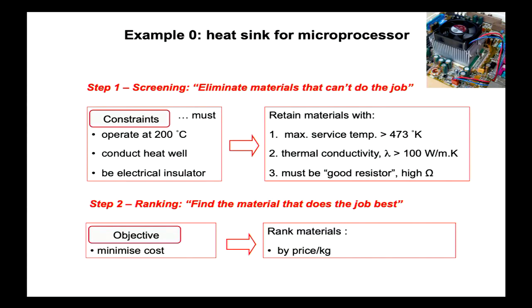An electrical engineer would say it must be greater than 100 ohms or 10,000 ohms. That would be one of those numbers, another number that would have to be given. And then an objective of minimum cost, well then we rank the materials by price per kilogram or by manufactured price per kilogram. An ingot, just raw material out of a factory, versus something that has to be manufactured, 2 different price points.